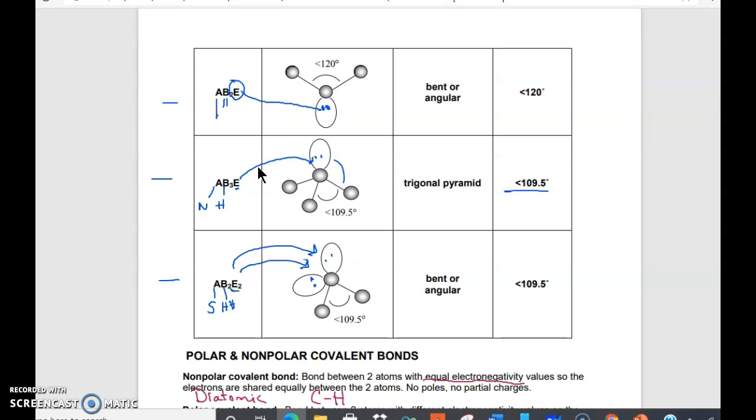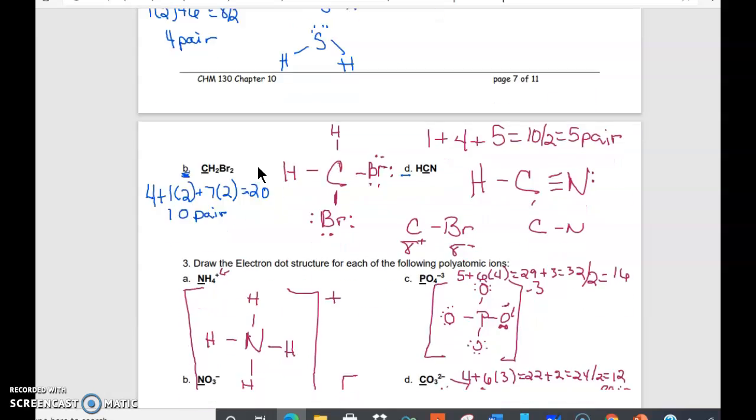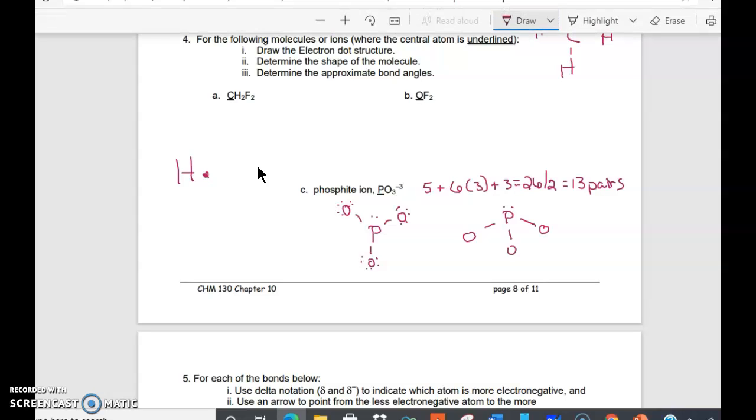So it's going to be shaped with the lone pair on top, and that's going to be pushing those outer atoms away from it. So that makes this end up looking like this. We'll go like that. And then oxygen, oxygen, oxygen.